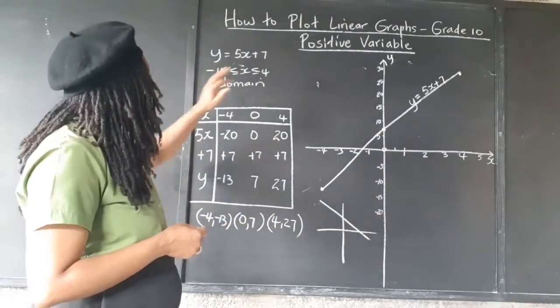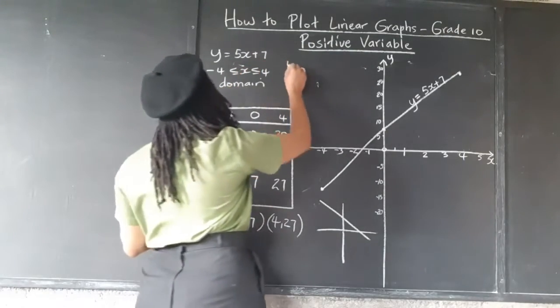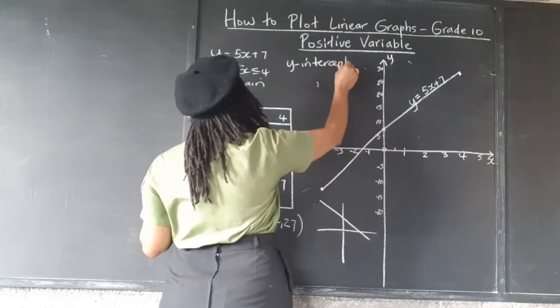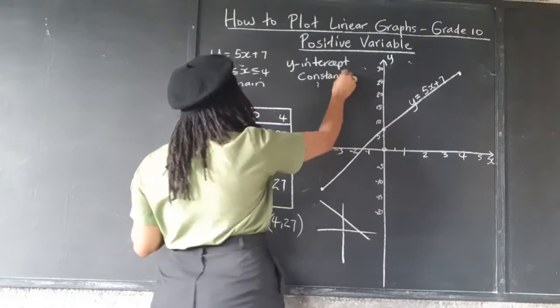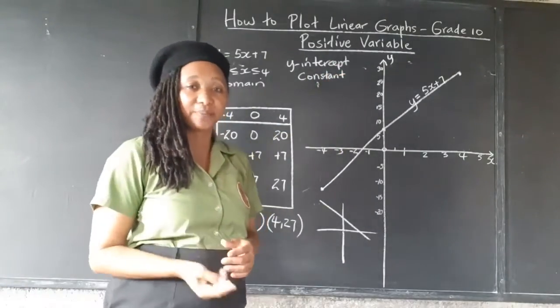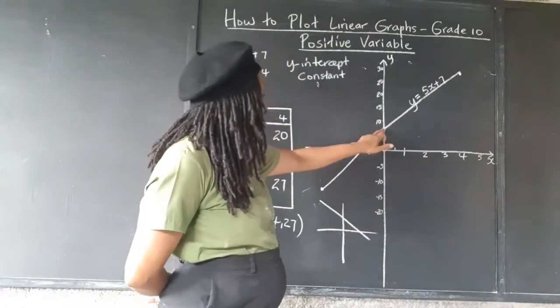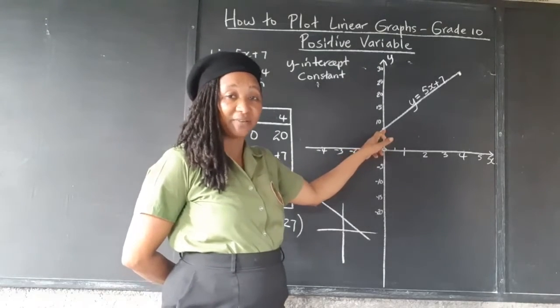Also, the number at the end is called your y-intercept. That constant term at the end tells you where the line will cut the y-axis, where it will intercept the y-axis. So 7 is at the end, see, it cuts the y-axis at positive 7.